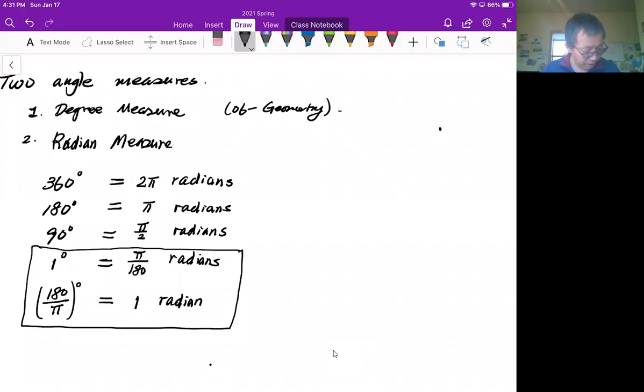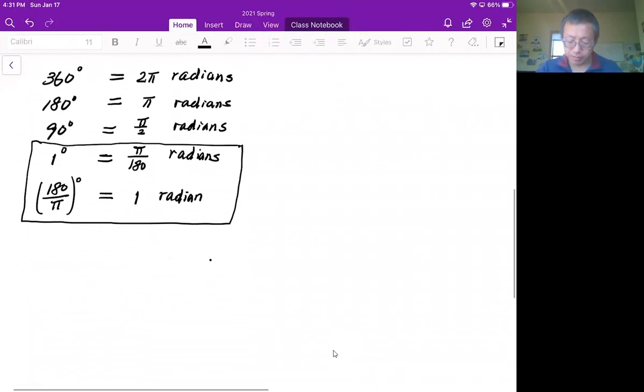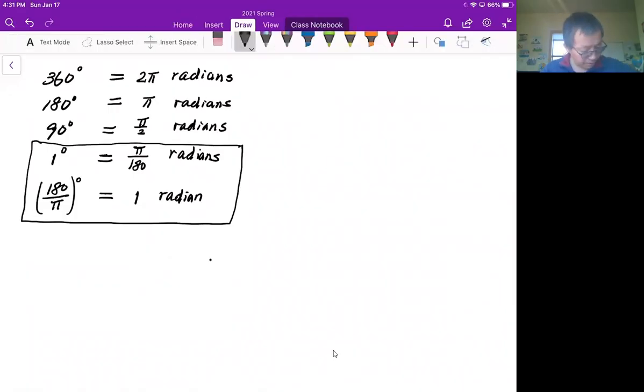All right, let's try a couple of examples. By the way, 180 divided by pi is roughly 57.3 degrees, so 1 radian is roughly 57 degrees.